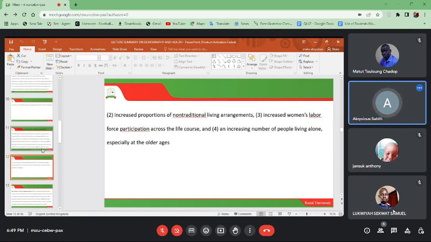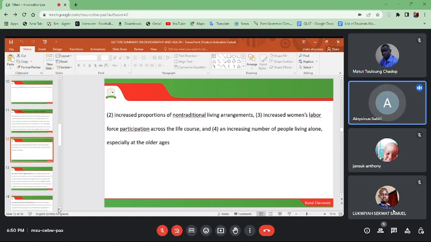Women were more or less into keeping house chores and more of household related activities. But today we're seeing women more into labor provision and participation. The last trend or change that we're seeing is an increasing number of people living alone, especially at the older ages.